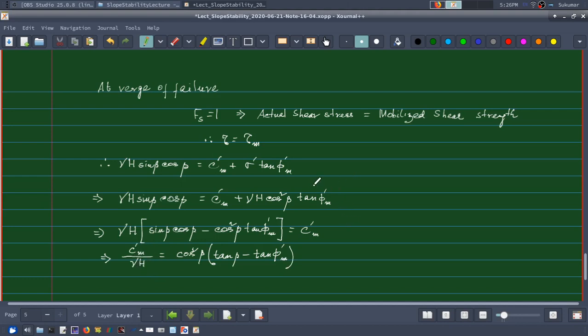Now what I had, based on my definition of factor of safety, my Fc was c dash f by c dash m.